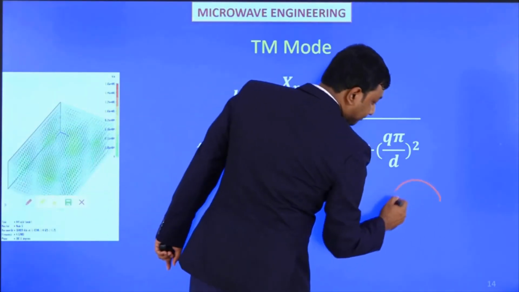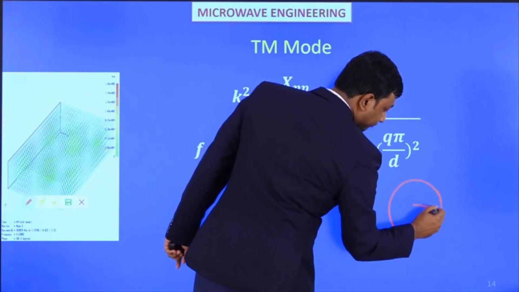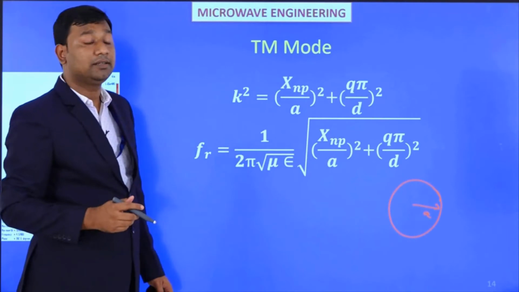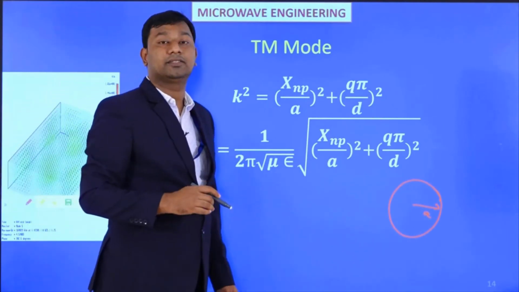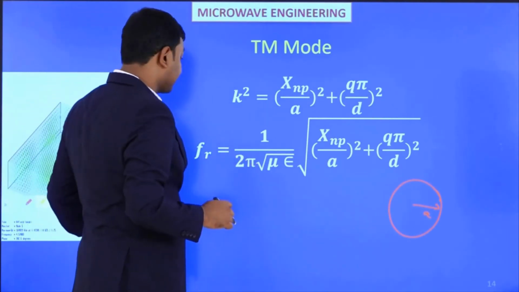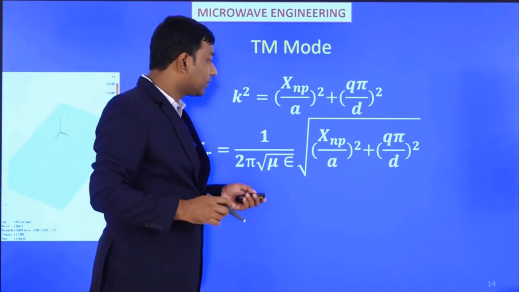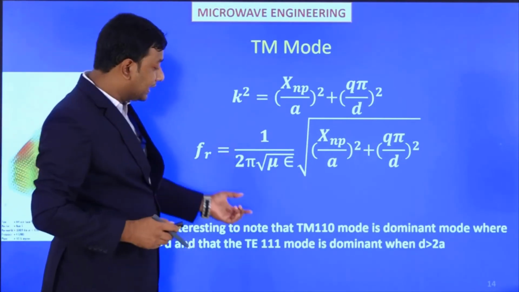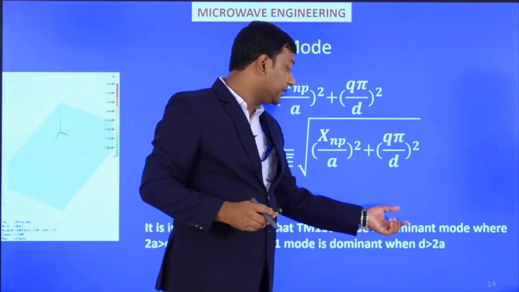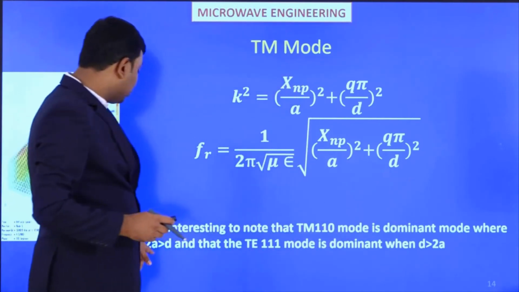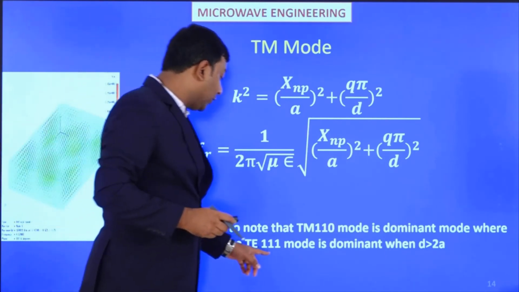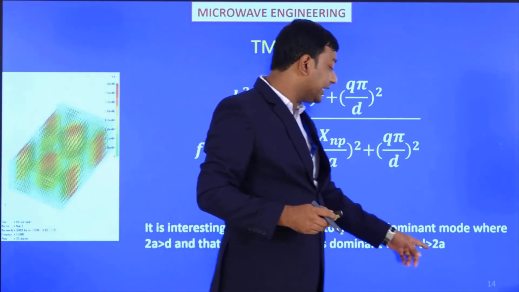Radius of the circular or cylindrical resonator. Now, it is interesting to note that the TM110 mode is the dominant mode when 2a is greater than d, and that the TE111 mode is the dominant mode when d is greater than 2a.